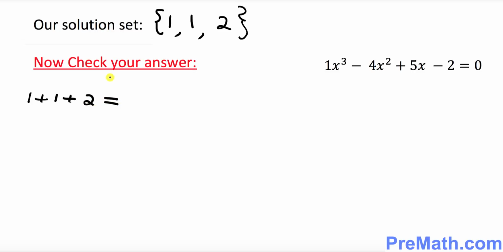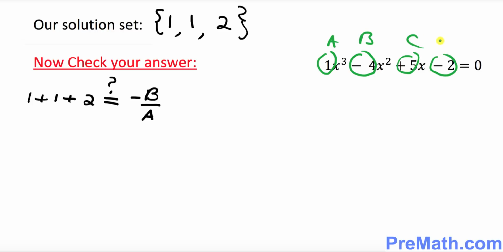Is it equal to minus b over a, where a is 1, b is -4, c is +5, d equals -2? So negative b over a is negative, and b is -4, over 1. So that's going to give you 4 over 1, which is equal to 4.